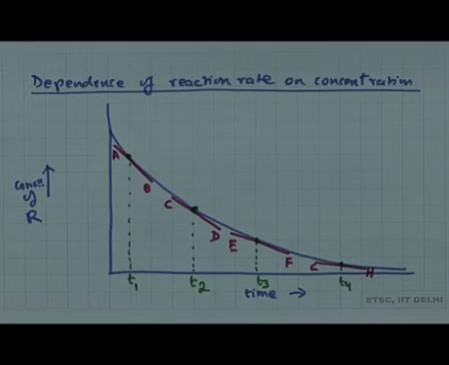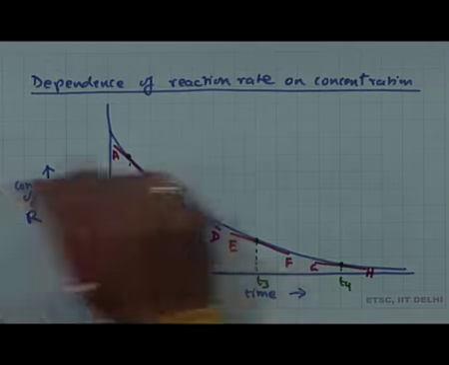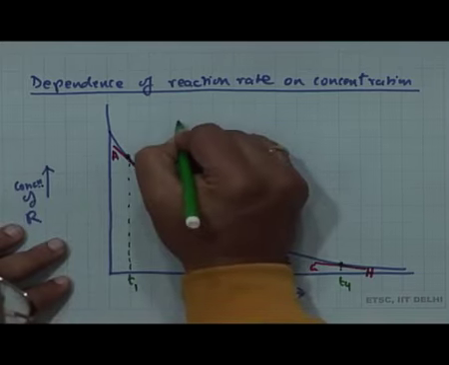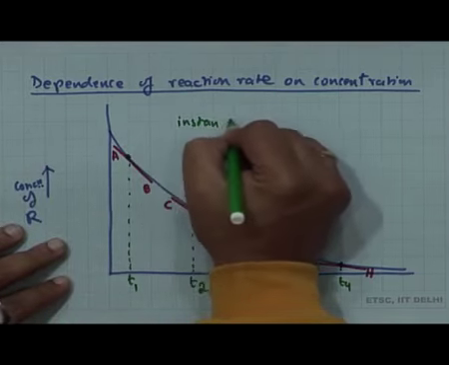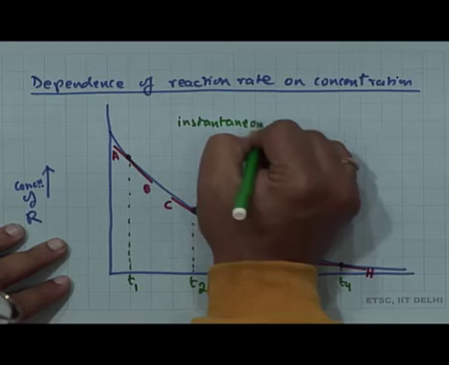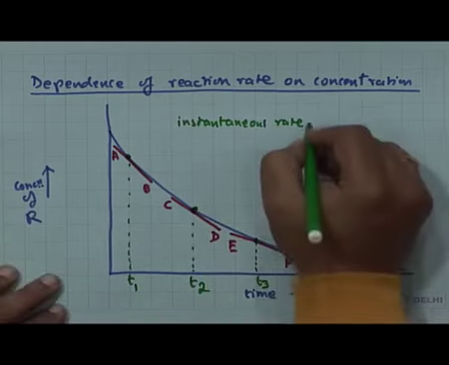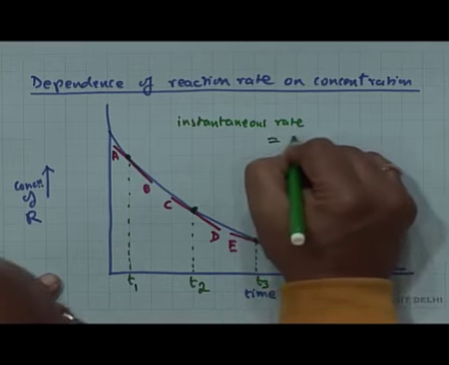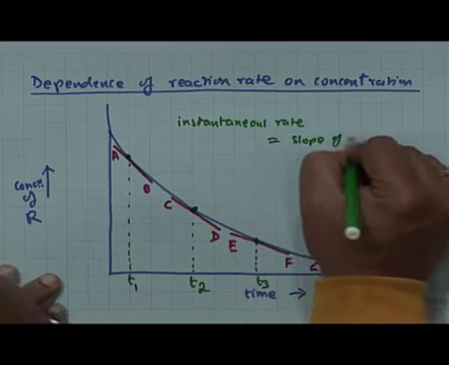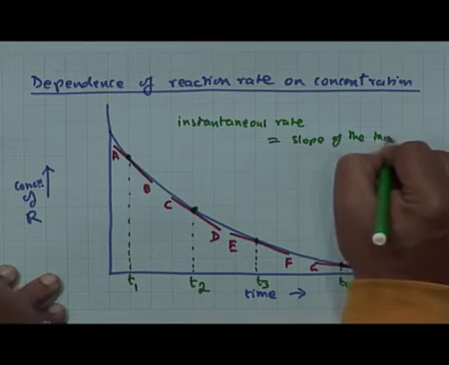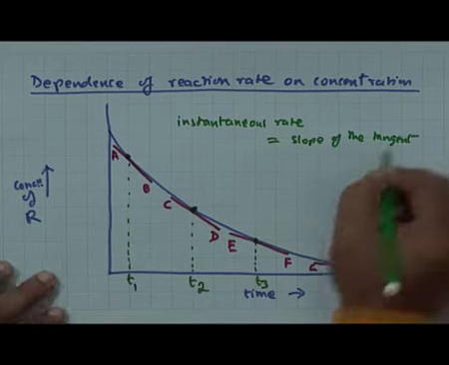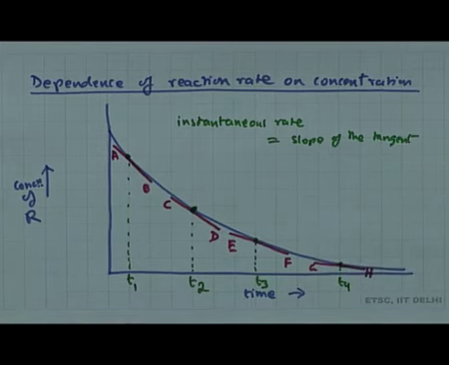Now, immediately realize, the instantaneous rate is the slope of the tangent, obviously with a negative sign, because this is a reactant we are talking about.